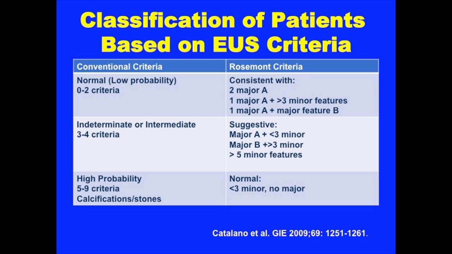The suggestive is major A plus less than 3 minor, or major B, as you see, and 5 minor categories. Compatible with goes into the more obvious types of criteria, with 2 major A, 1 major A and greater than 3 minor features, or the major A plus a major B.